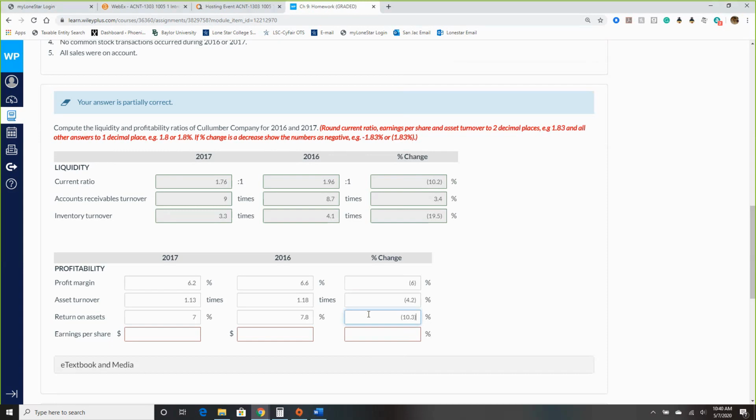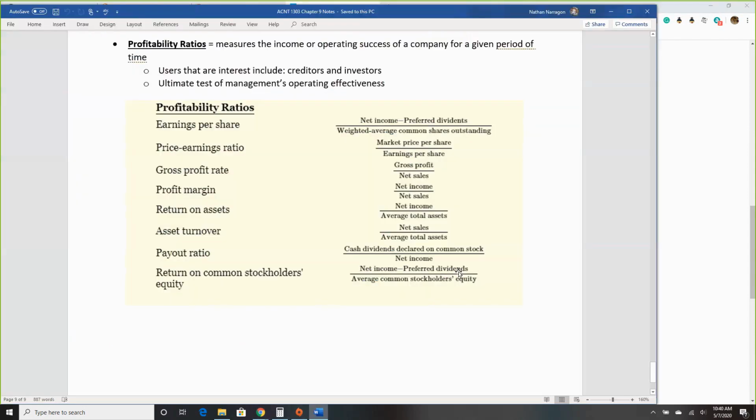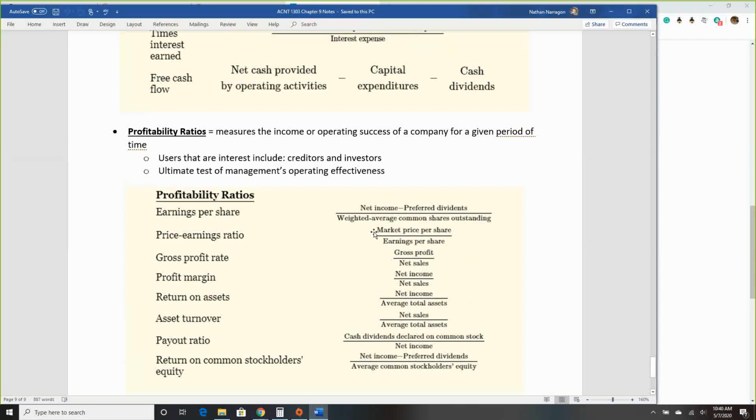So odds-on earnings per share probably also took a hit since we're already seeing a trend. So again, we're going to figure out earnings per share. And that one is probably going to always throw you for a loop because it's that common shares outstanding. So net income minus preferred dividends.